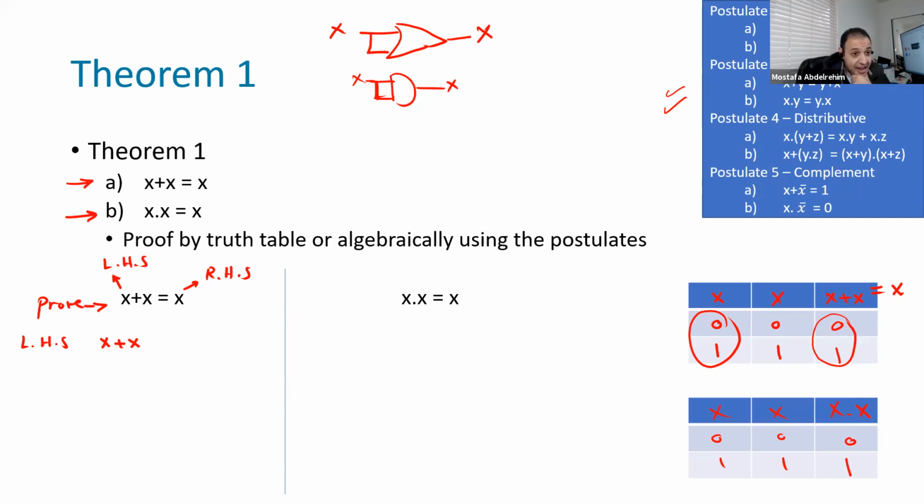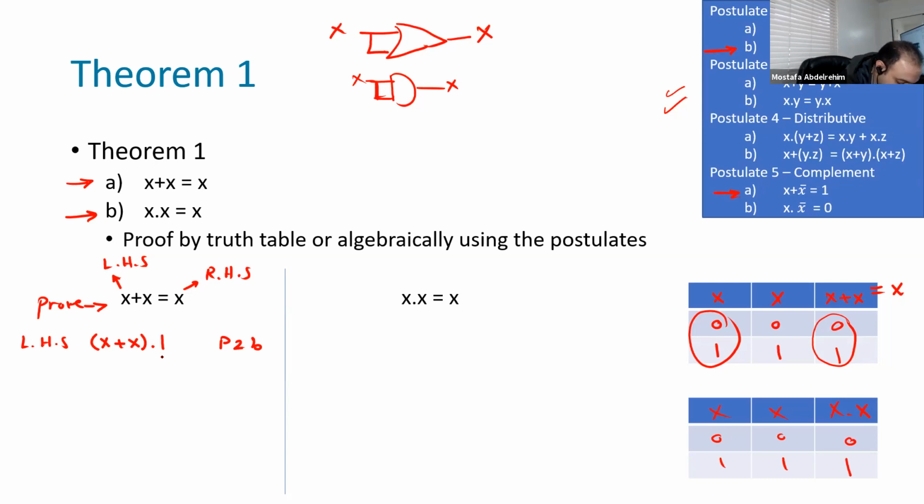We know that if we AND anything with 1, it will give us the same thing, which is postulate 2b. So we're gonna AND x or x with 1. And we know that x or x bar equals 1.